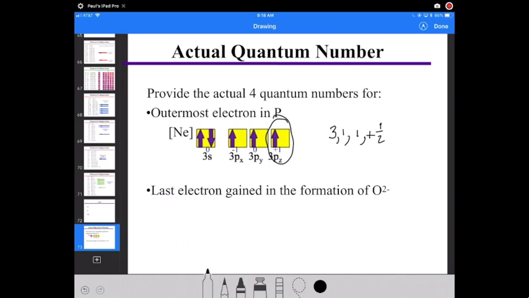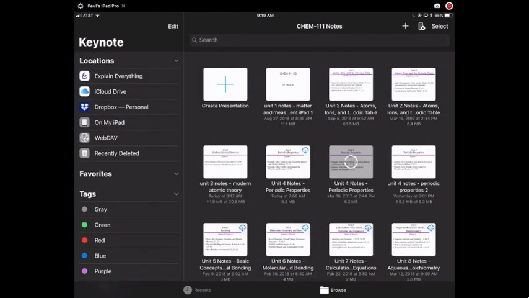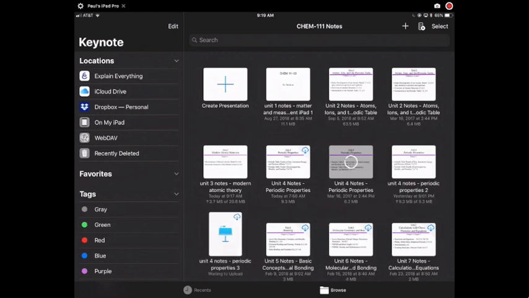It would be positive because it's an upspin. That last electron that we fill in, its quantum number would be 3, 1, 1, plus 1/2. Okay? All right. Some of that might help for the homework, I'm hoping.